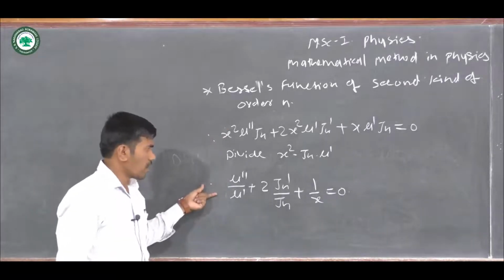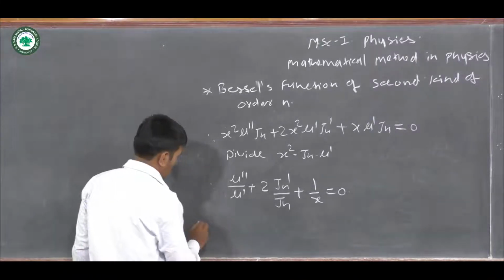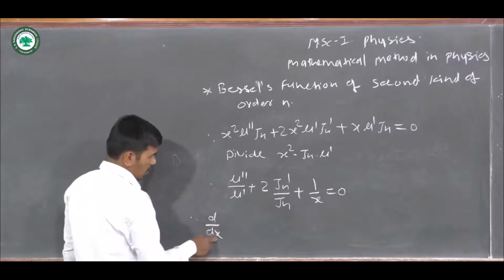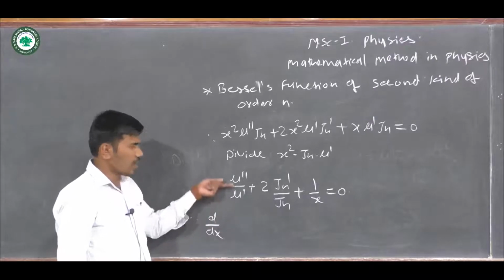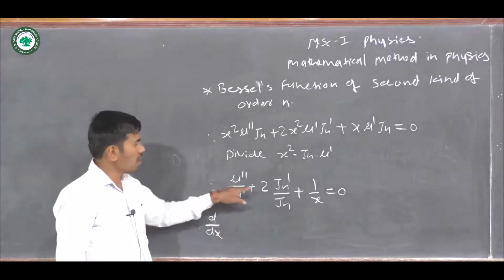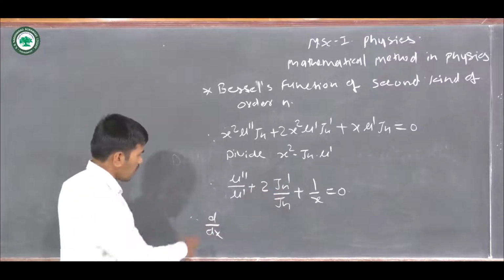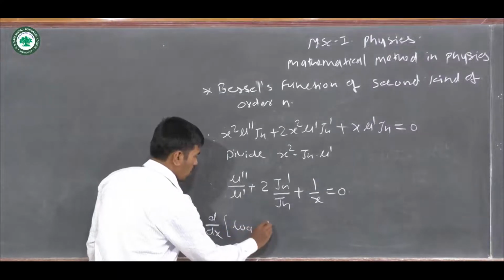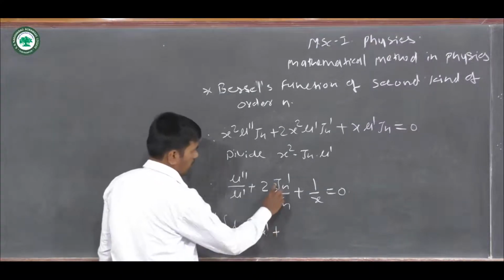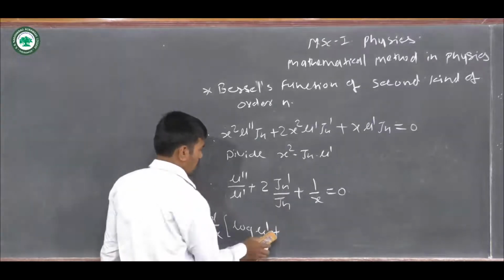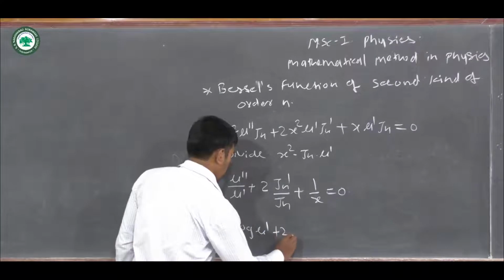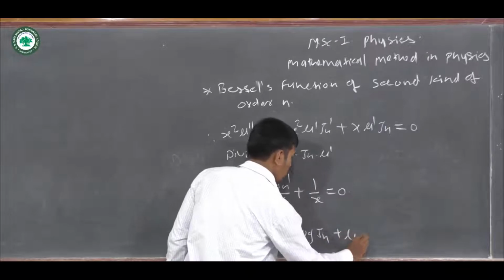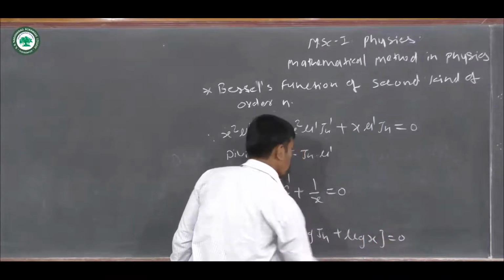Okay, n is an integer, so we can write this in this form also, d by dx. Here I am differentiating with respect to x, because u is a function of x and J_n is also a function of x. That's why I am taking d by dx of log u' plus 2 log J_n plus log x is equal to 0.